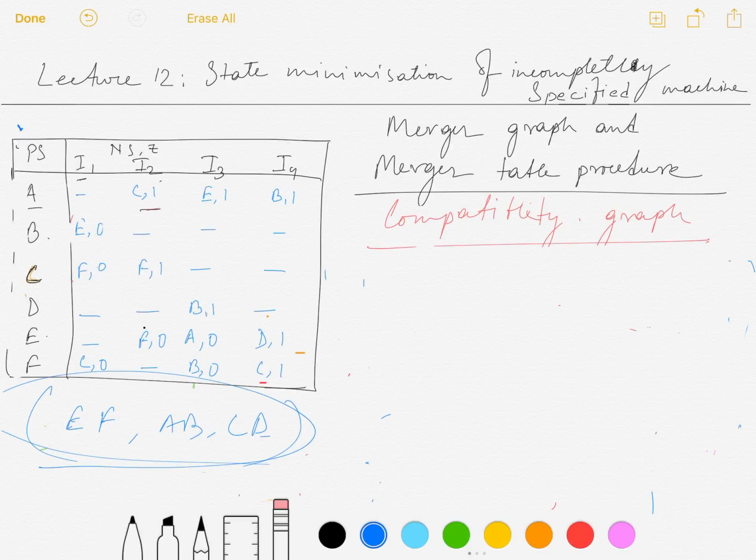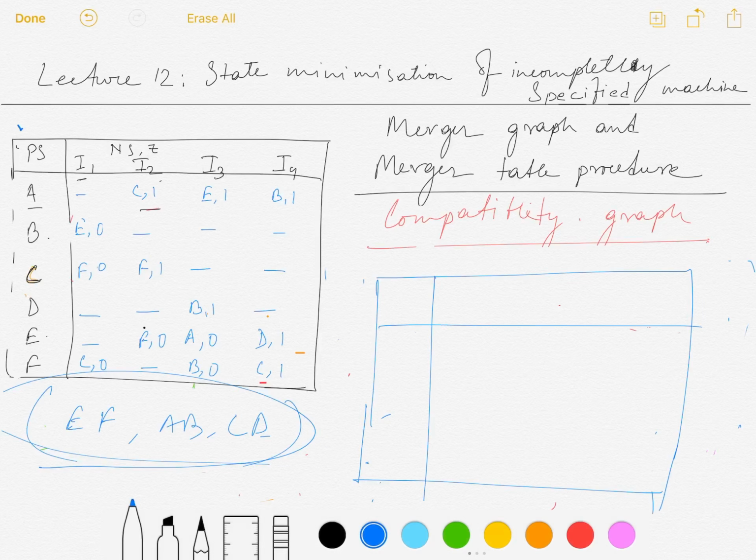Now, let us draw the minimum table. Now, let us consider AB as alpha, CD as beta and EF as gamma.